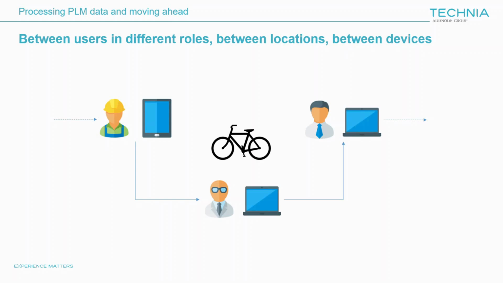We will have a fictitious manufacturing plant where we, as a company, are building bicycles, and we will see how a work process concerning one particular bike can flow between different roles in the organization, between different offices and locations as well, and also working on several different device types.